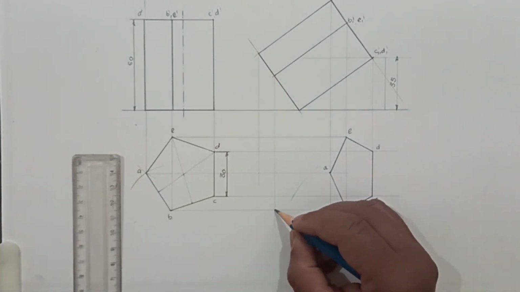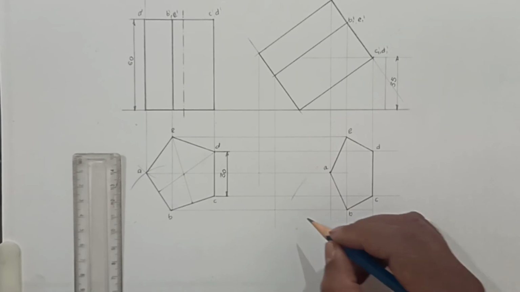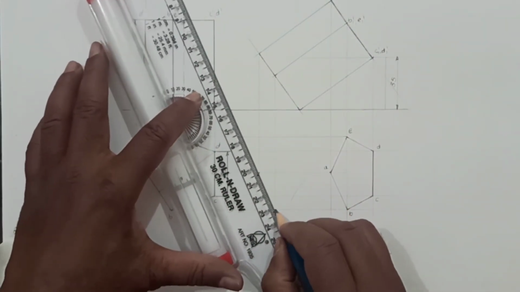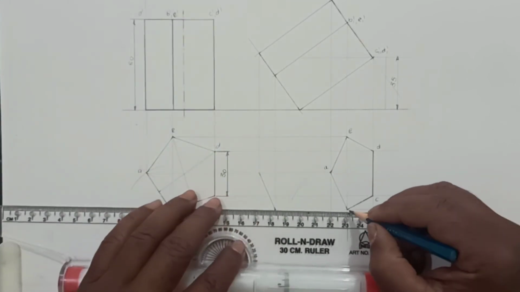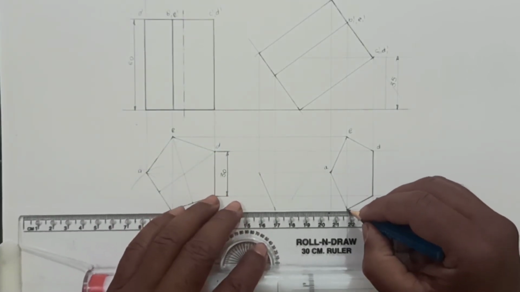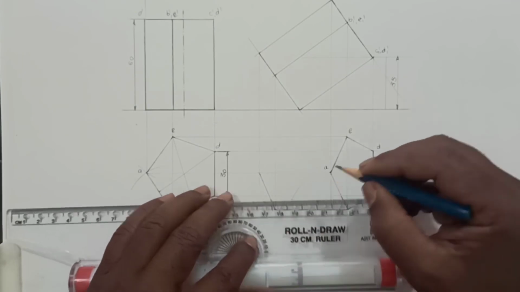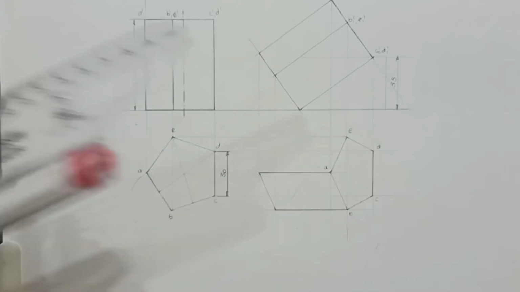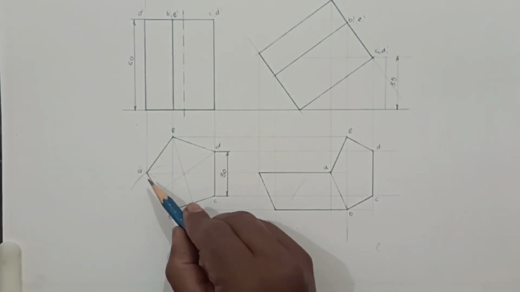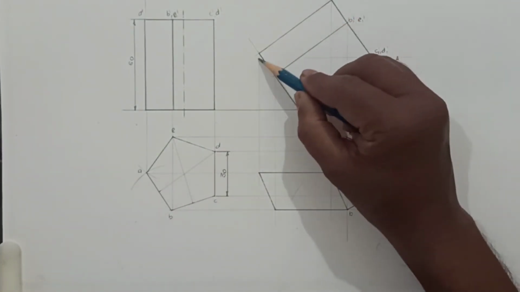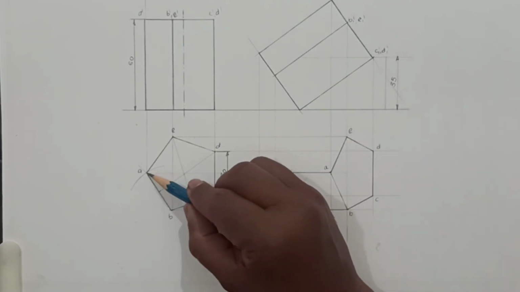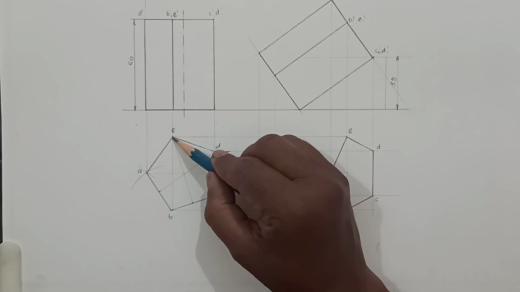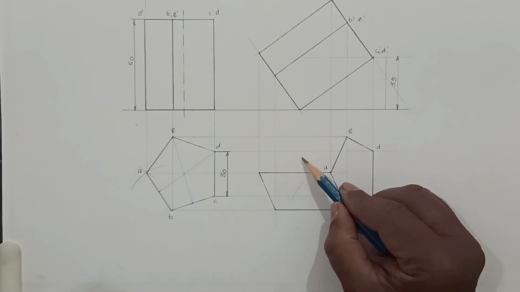So this rectangular face is clearly visible, so show it by regular line. So this surface, which is clearly visible when we are looking from the top view, is shown here. Now similarly for this surface, that is the surface formed by the edge AE.